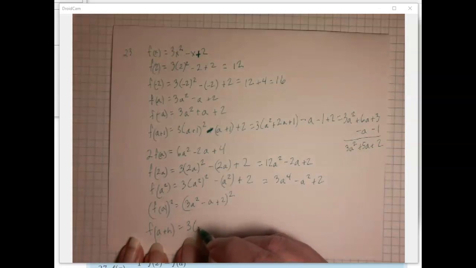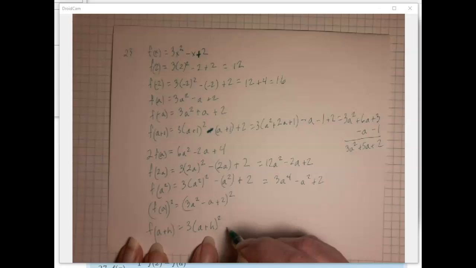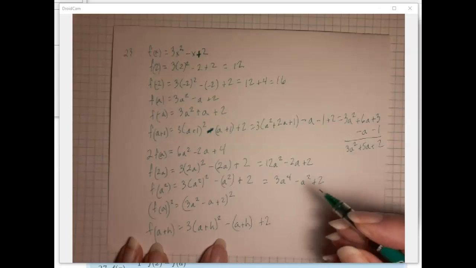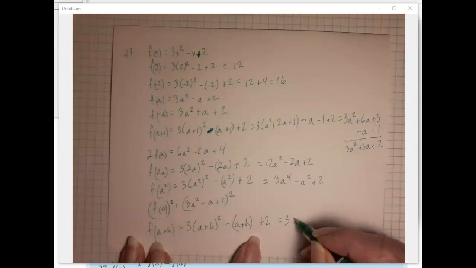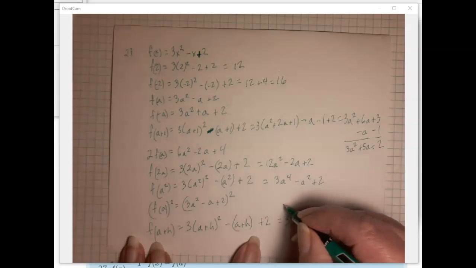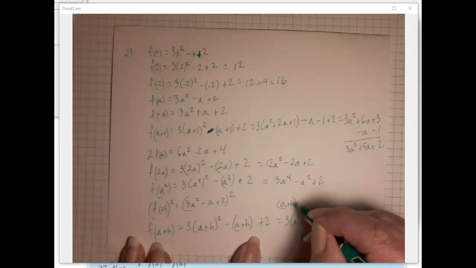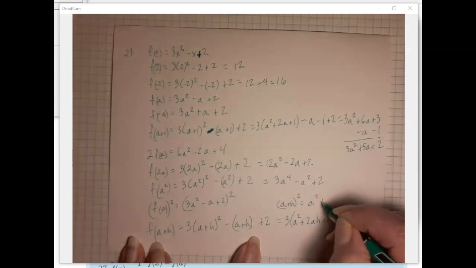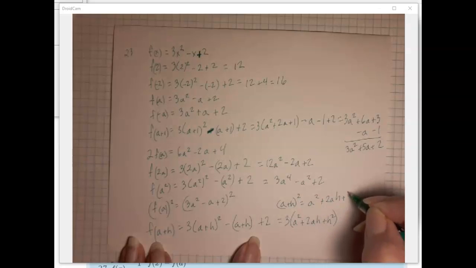F of a plus h means everywhere I see an x, I'm going to put an a plus h. 3 times a plus h squared minus a plus h plus 2. So I have 3 times a squared plus 2ah plus h squared. And I'm using this formula, a plus h squared is equal to a squared plus 2ah plus h squared.